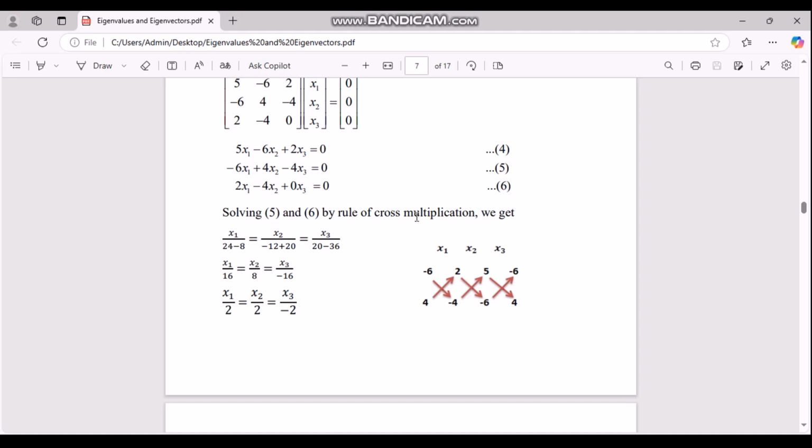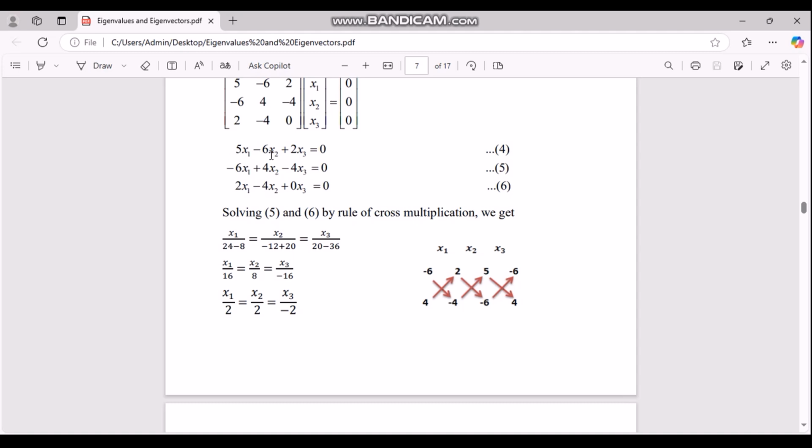An equation in which all the coefficients are 0 should also be avoided. The main objective in finding the eigenvector is to select two distinct equations. So here I take the first two equations and use the cross rule as we discussed earlier.